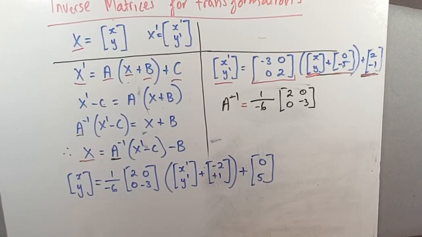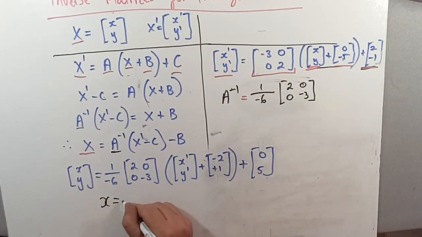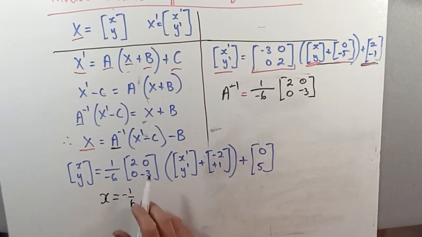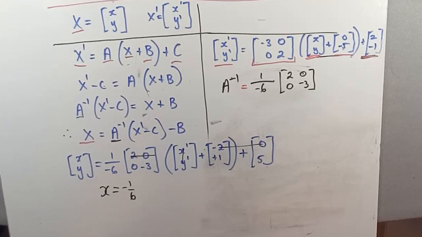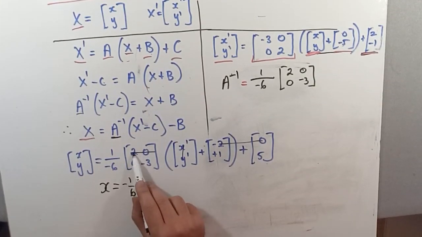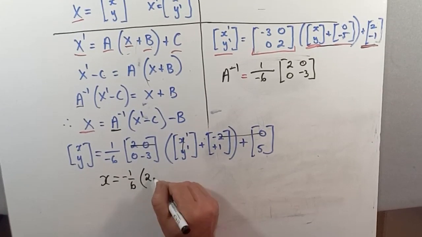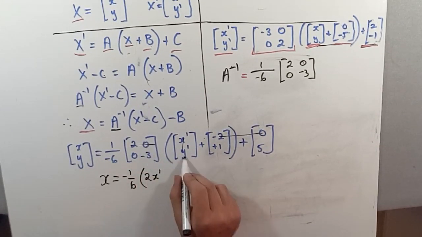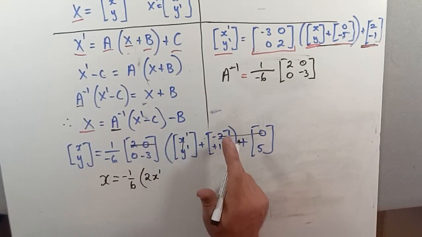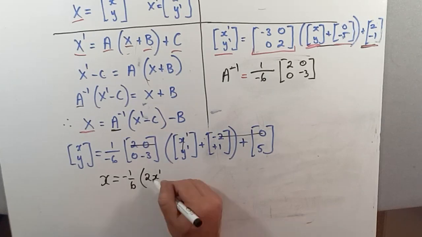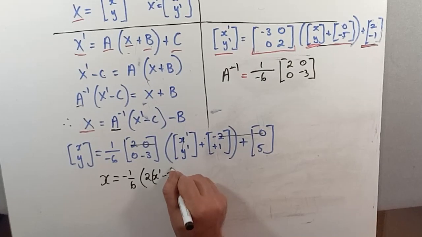So what does that give me? For my original point, x equals -1/6 of, now I'm doing the x part here, so I'm going across here and there. So I go 2 times x prime, plus 0 y prime, so I won't bother putting that in. Oh, sorry, this is in brackets, so I've got x prime minus 2 here.